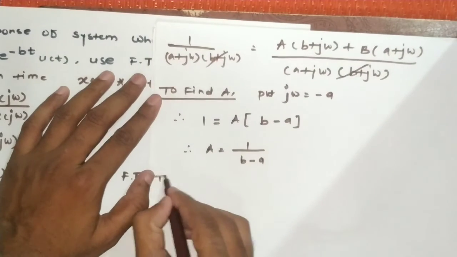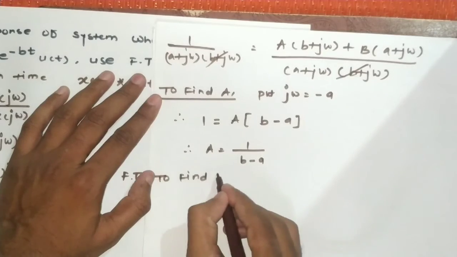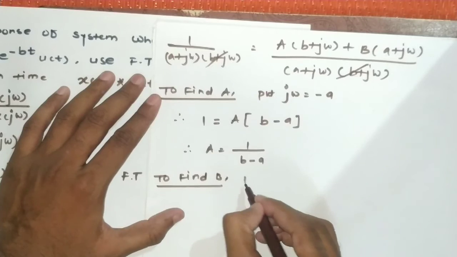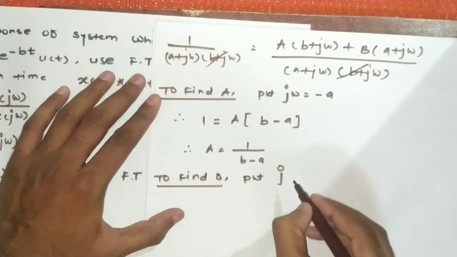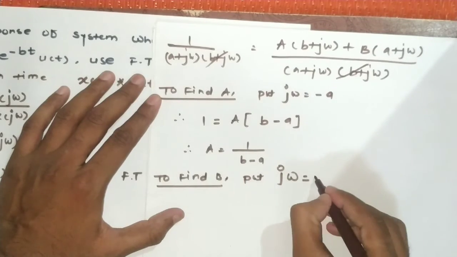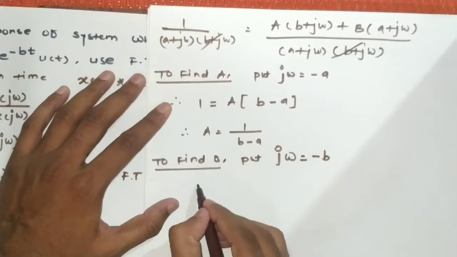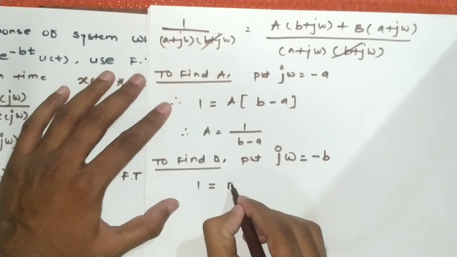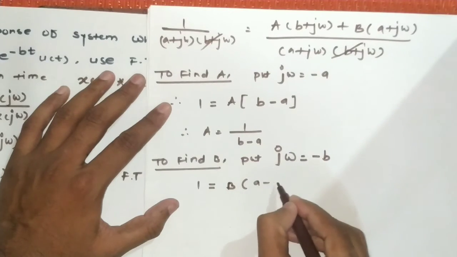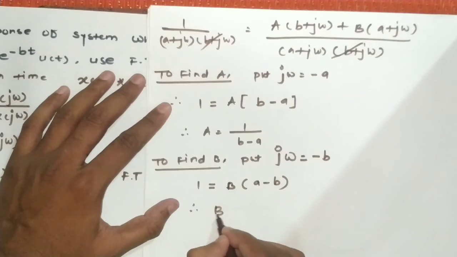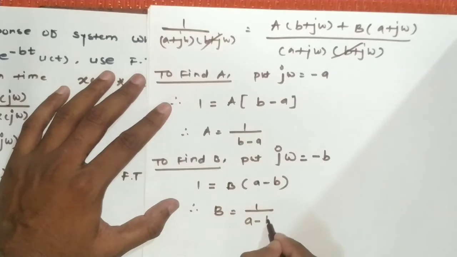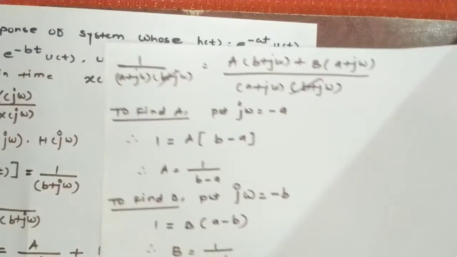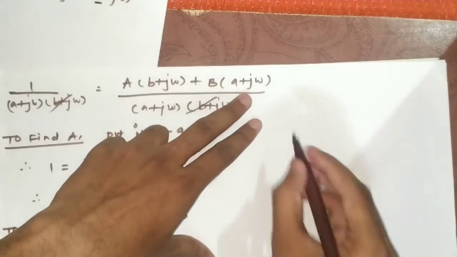Similarly, in order to find B, we should make the A term 0. So we have to put j omega equal to minus b. So we get 1 is equal to, this term will be 0, we are left with B into a minus b. Therefore the second constant term will be 1 upon a minus b. Now once you get both these terms, we put them here.